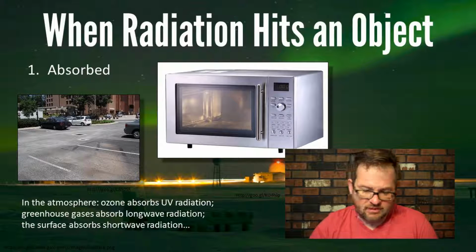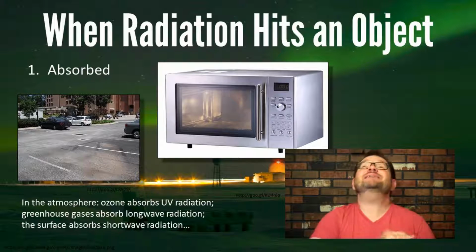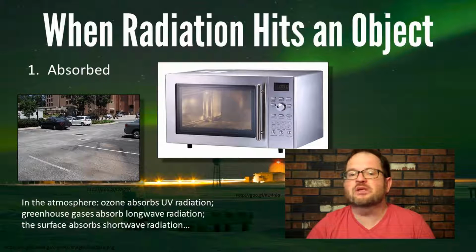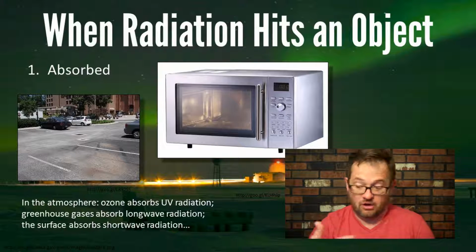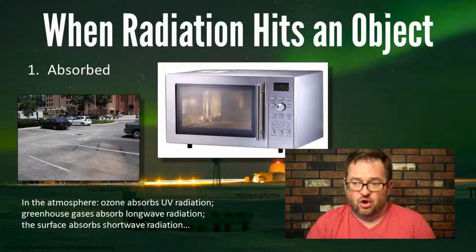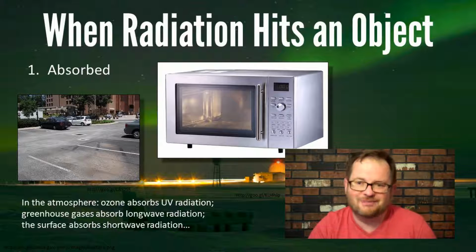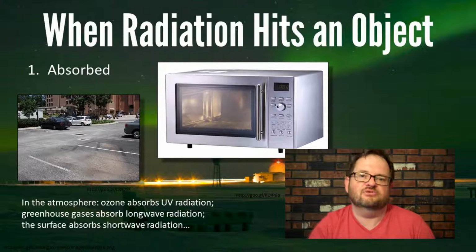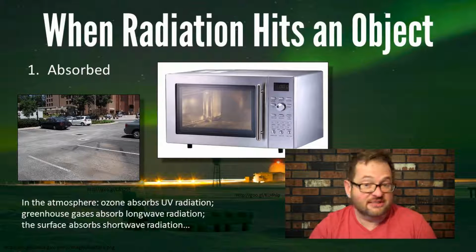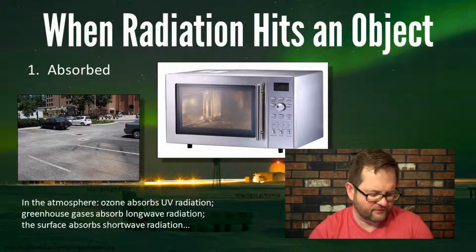Ozone, you remember, is a form of oxygen, O3, that happens to be spectacularly good at absorbing radiation that has a wavelength we call ultraviolet radiation. It's a type of shortwave radiation from the sun. There aren't all that many ozone molecules in the atmosphere, but they're really good at absorbing ultraviolet radiation, which increases their temperature. That's part of the reason why temperature increases with height in the stratosphere.